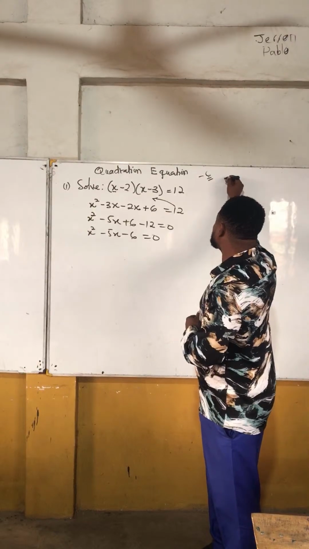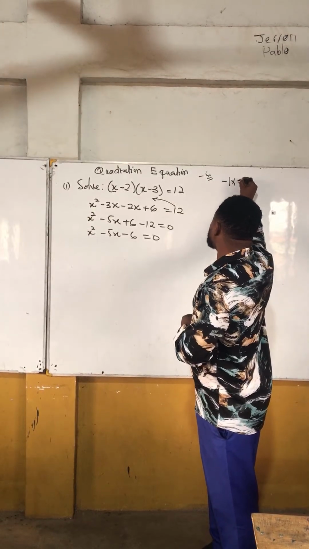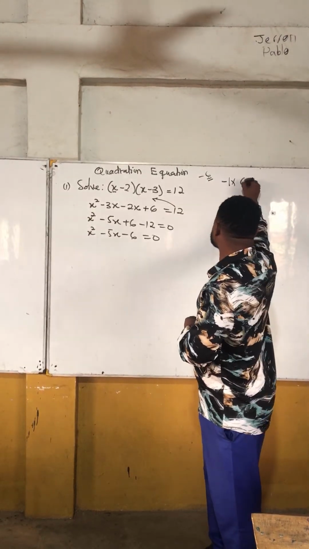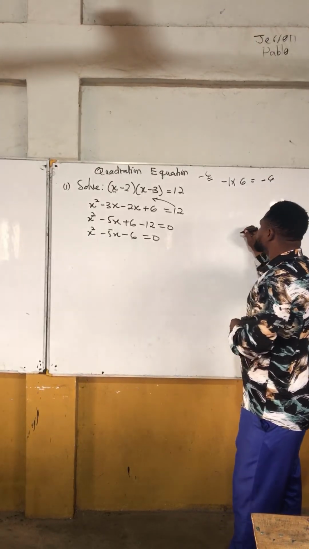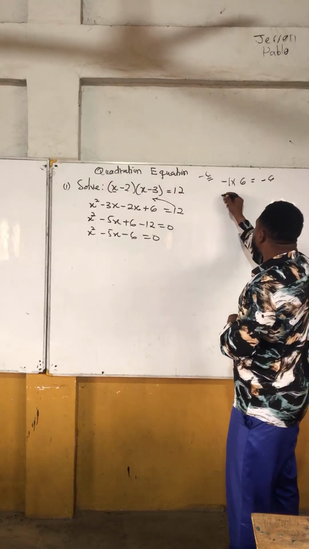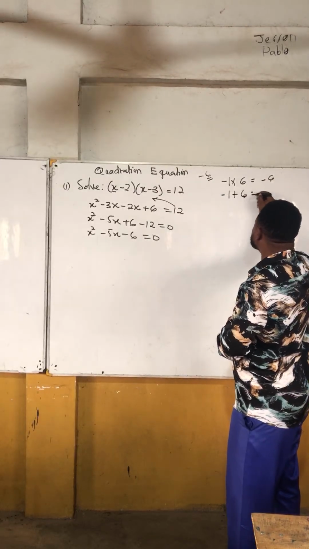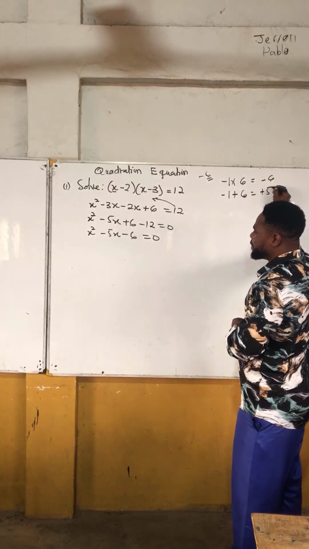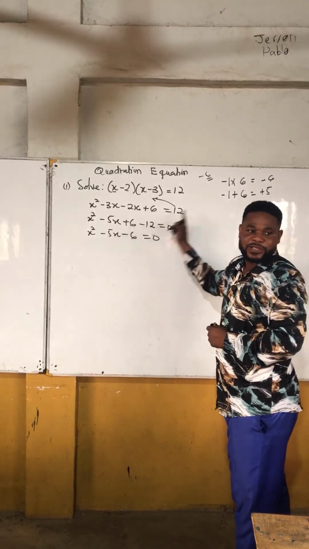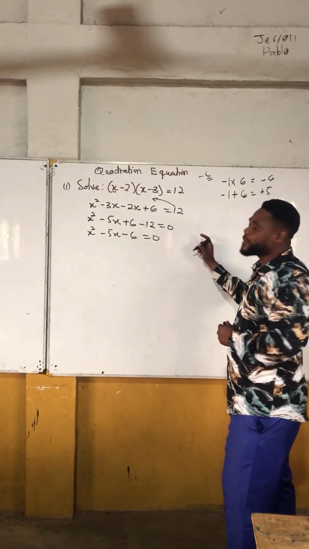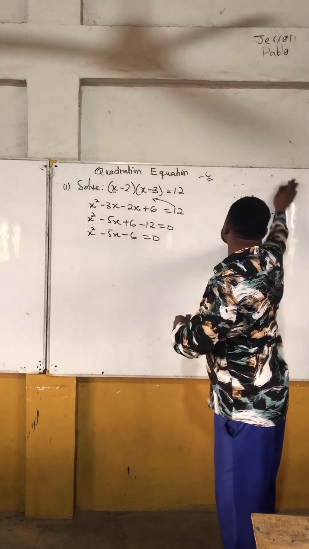Let me see what I do. So minus 1 times what? 6. So minus 1 times 6 will give us minus 6. Alright? And minus 1 plus 6 will give us positive 5. But we are looking for negative what? 6. So it means it will not work. Minus what?